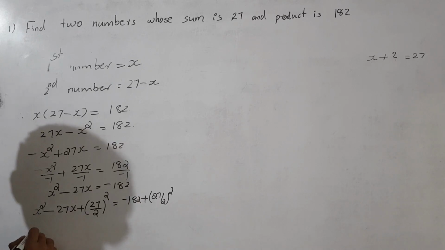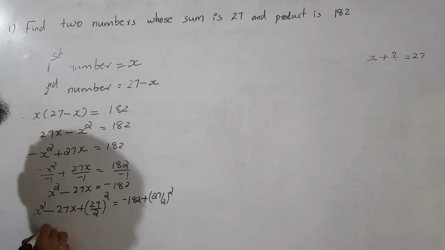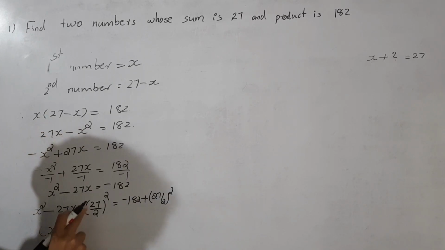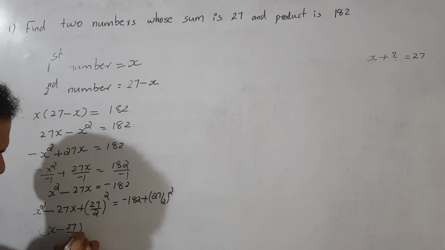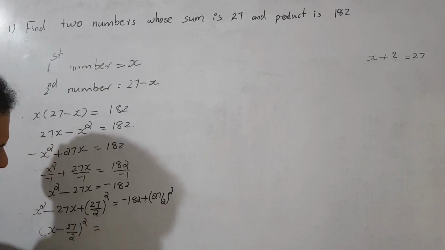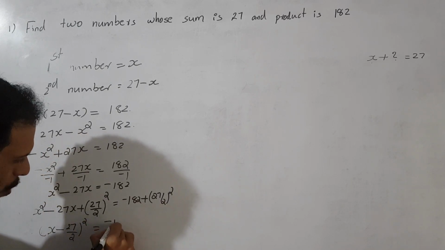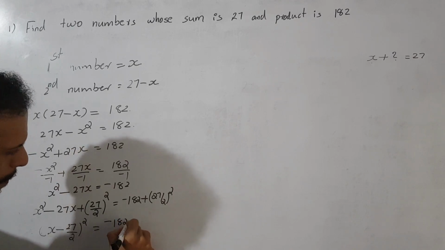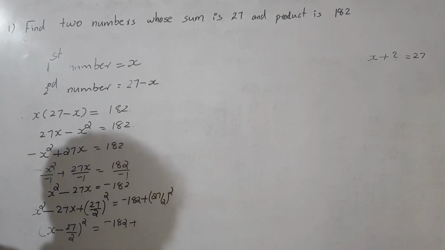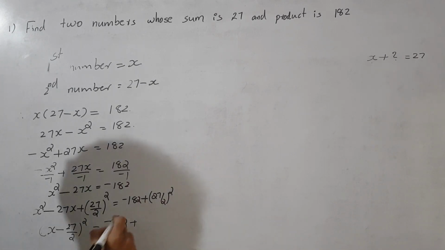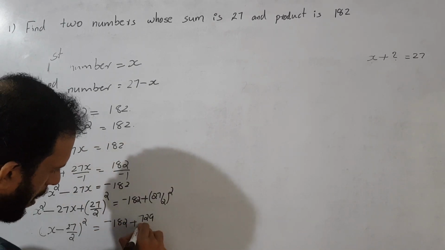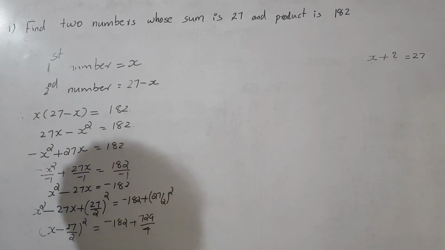Then the next step, therefore x minus, what is b? b is 27 by 2. We do not make a decimal form. x minus 27 by 2 square is equal to minus 182 plus, what is the square of 27? The square of 27 is 729 by 4, correct?